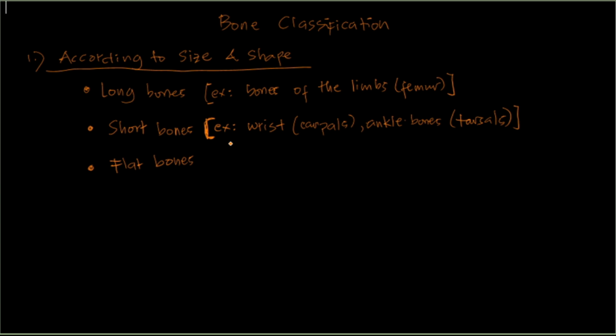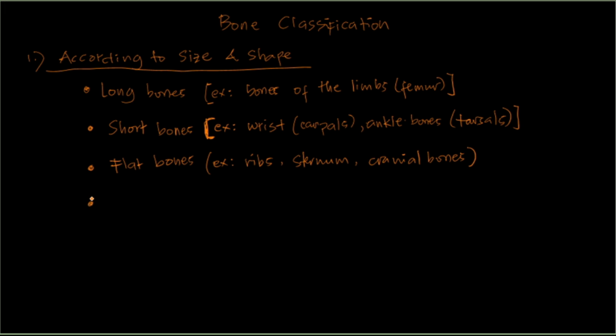Examples are your ribs, your breastbone or sternum, and your cranial bones. Cranial bones are all flat bones.